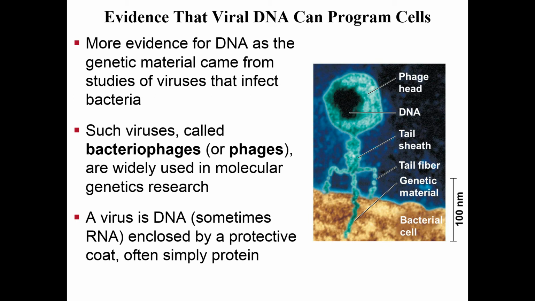Alright, now viruses can have genetic material that's either DNA or RNA. And the virus itself, alright, what makes up the virus, the outer structure, is proteins. Alright, so your virus, your phage, has a little head.